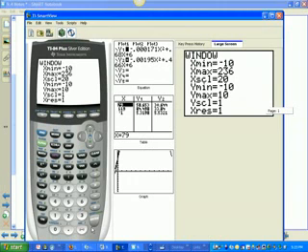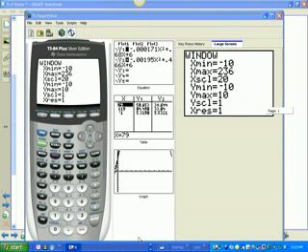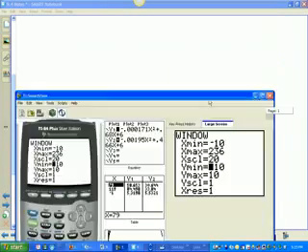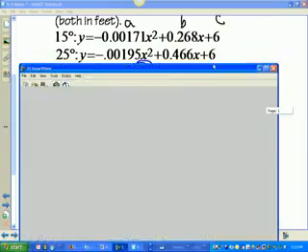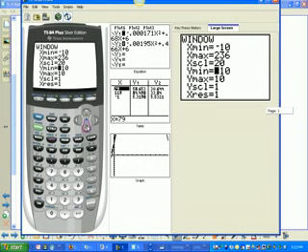Okay, now my Y max, remember, we said the Y max was at 84 feet, so I'll go up to 100. So I'm going to go from negative 10 to 100, and have a tick mark every 10 feet or so.